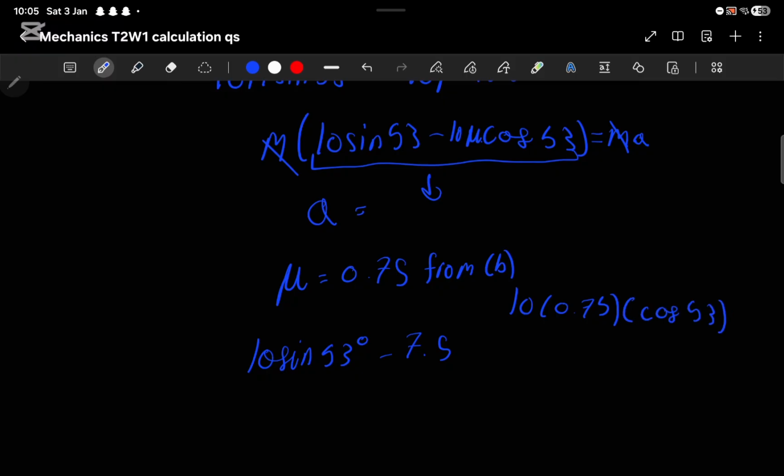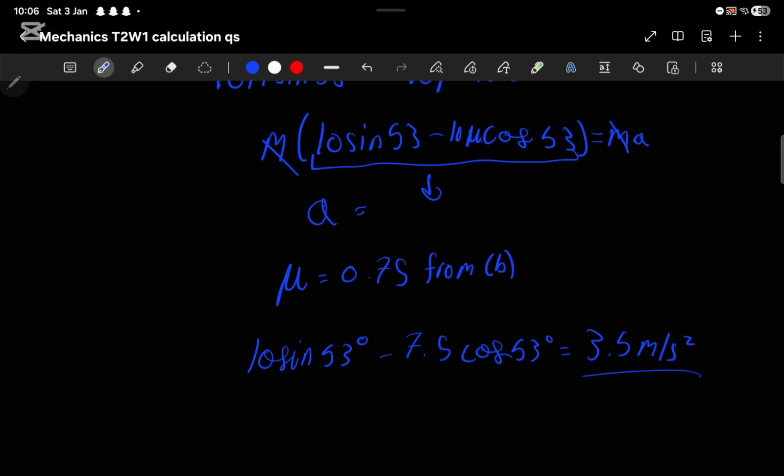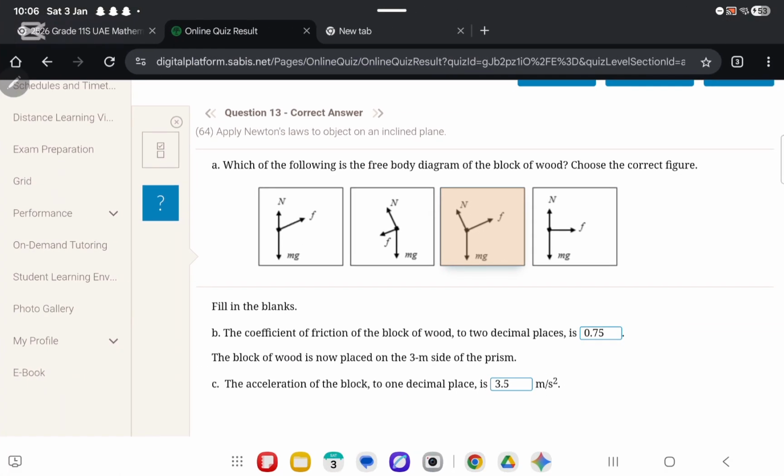So you can straight away just write 10 times 0.75 is 7.5. So 7.5 cosine 53 equals 10 sine 53 minus 7.5 cosine 53, not 4.5, 7.5. 3.47, which will round to 3.5 meters per second squared. This is the answer. Supposedly, let me check. 3.5 meters per second squared, yes.